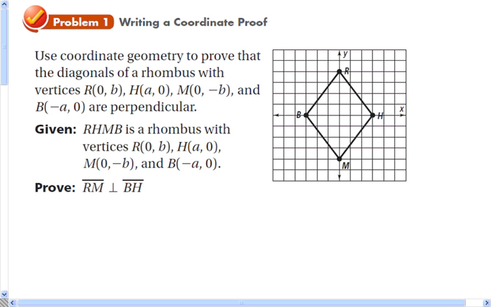And we're going to prove that the diagonals are perpendicular, and that is that our segment RM is perpendicular to BH. Now the way we're going to go about that, this is our plan.